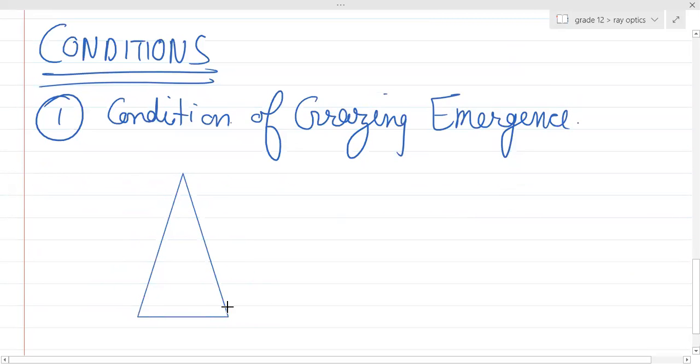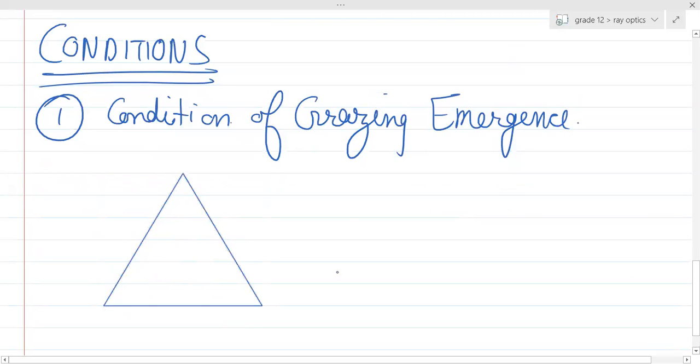Now suppose I have a prism and this is the light ray going, and this is the normal. So the light ray goes like this, incident at this point, this is the normal, R2, this is R1, this is I, and let's say it comes out. Please remember, if it comes out grazing, what do you mean by grazing?